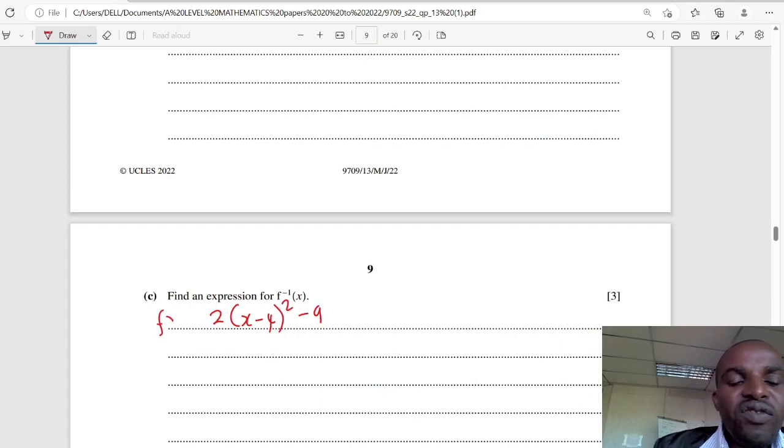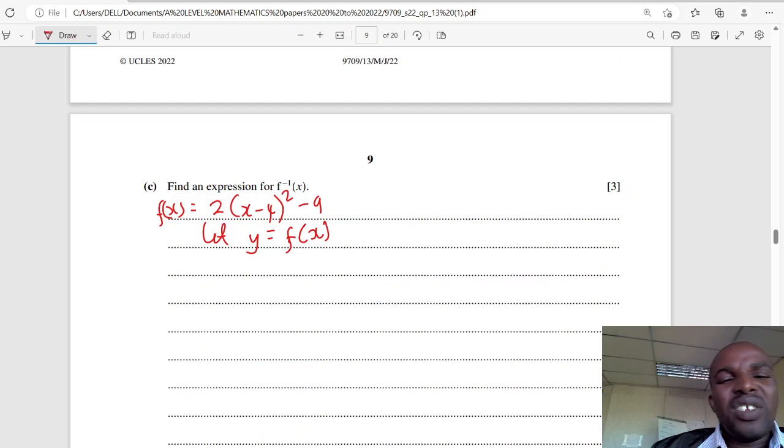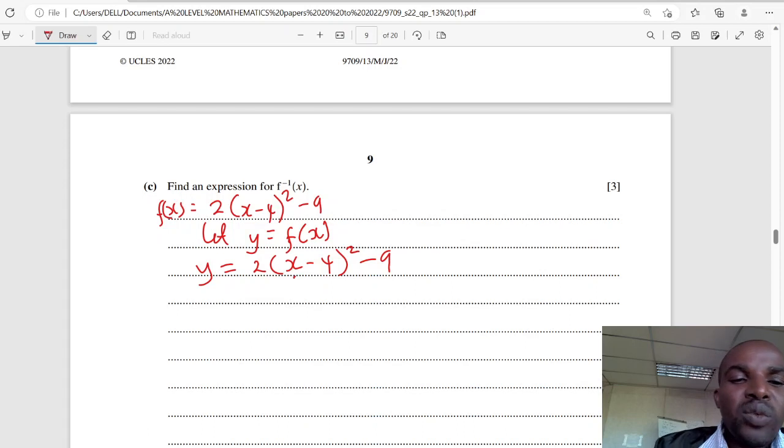So you can say f of x is equal to this part. So you say let y equal f of x. Right? Some of you are just used to changing x to be y, something like that. Still the same thing. So you say y equals 2, then x minus 4 squared minus 9. Some of you just change where there's x, you put y, and where there's y on this side, you put x. It's still the same thing.